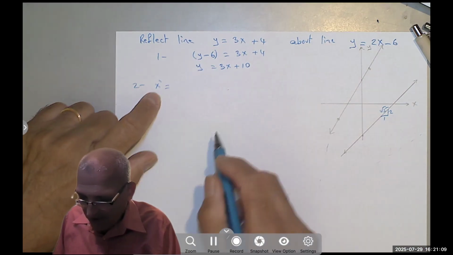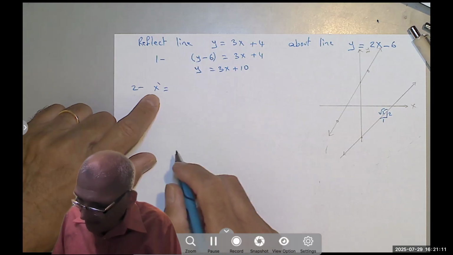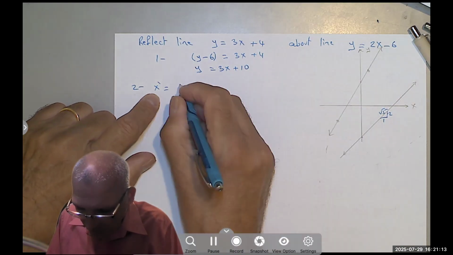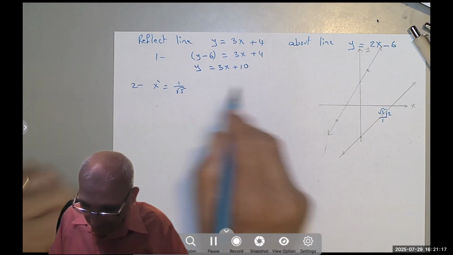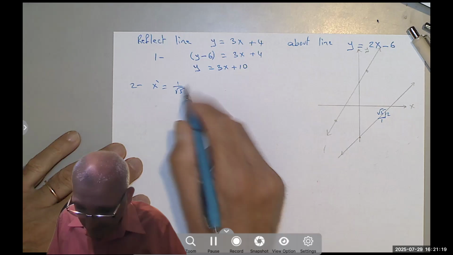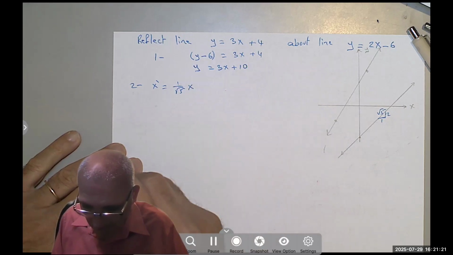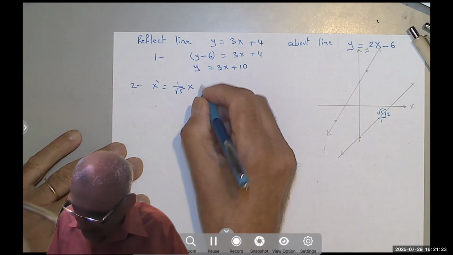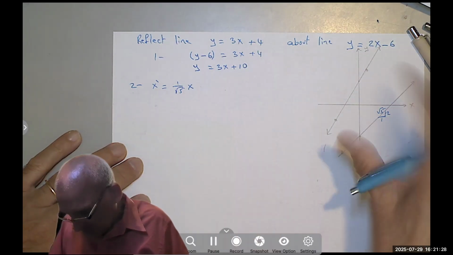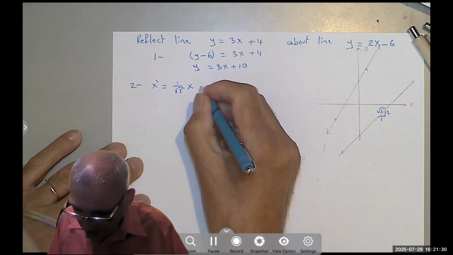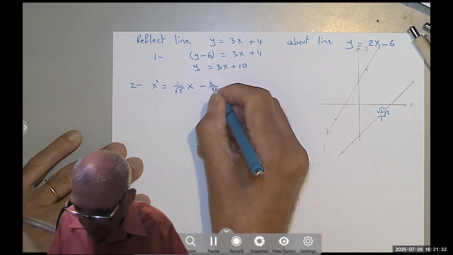X prime now becomes cosine, which is still 1 over root 5 times x, okay? And since I'm rotating counterclockwise, in fact, I'm rotating clockwise, but I'm going to use the equation of counterclockwise.